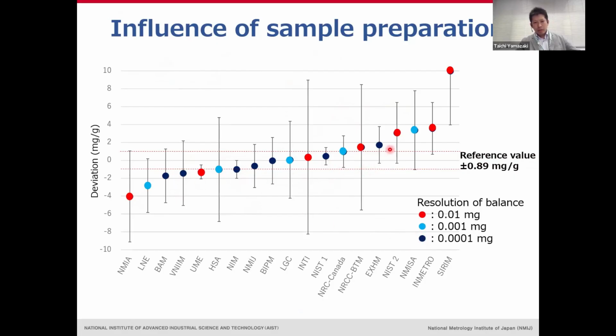These are very accurate results. On the other hand, we see a little more variation when a low resolution balance is used. Low resolution balance is shown as red points. This is a small, large variation.